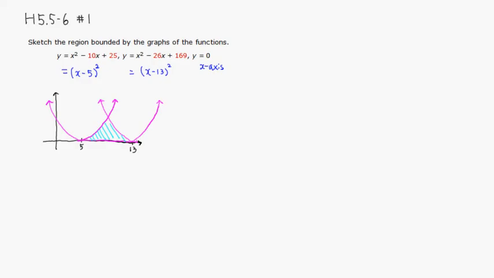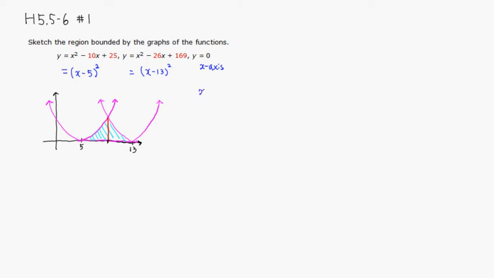We want to split this into two separate regions, right here. We can use symmetry, or we can look for the intersection, so maybe we should do that. We set these two parabolas equal to each other to find the intersection point.